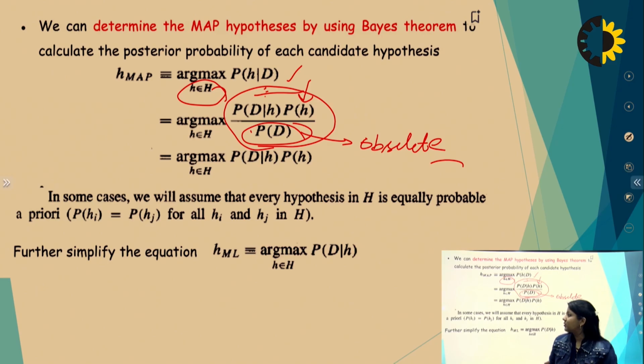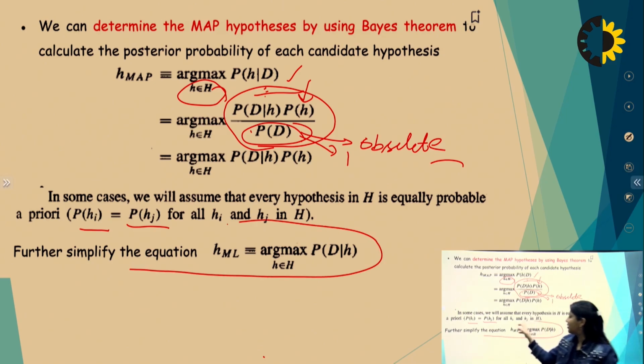So this denominator can be dropped. We assume that every hypothesis is equally probable, so P(hi) equals P(hj). We assume all hypotheses have equal probability, so this probability becomes 1 and we can drop it. So we further simplify this equation.